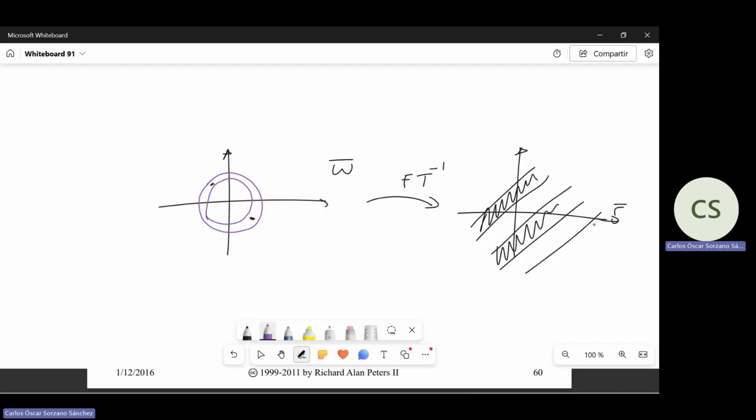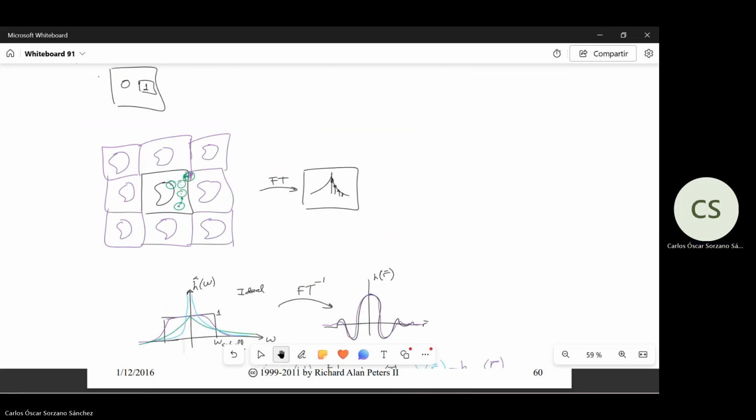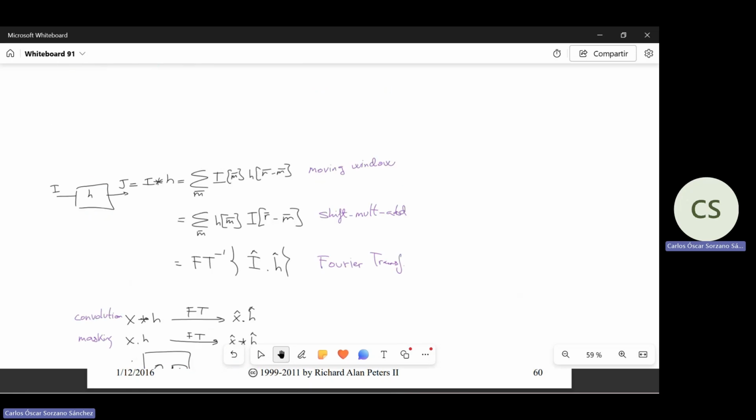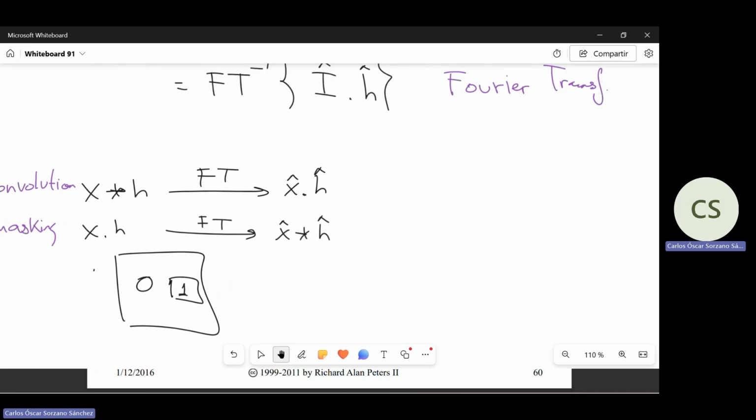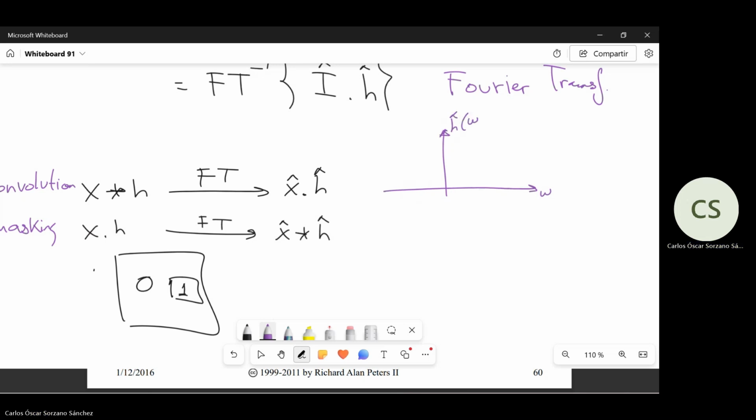Let's look at the mathematics again. We are multiplying the Fourier transform of the image with the Fourier transform of the filter. The filter is a Gaussian in frequency, H. Let's do that multiplication.